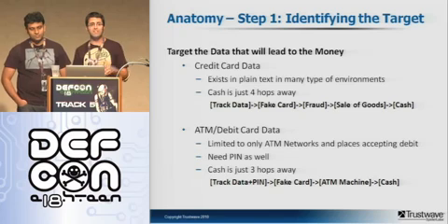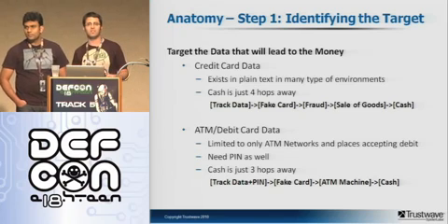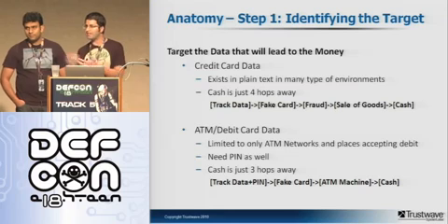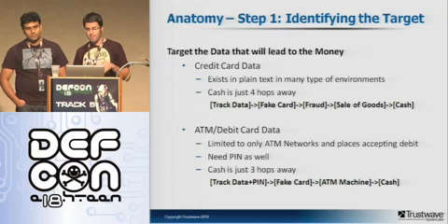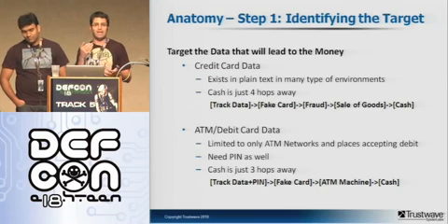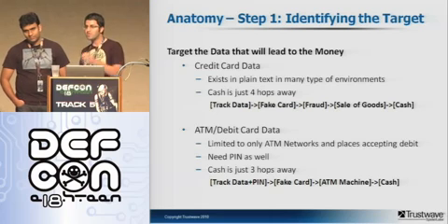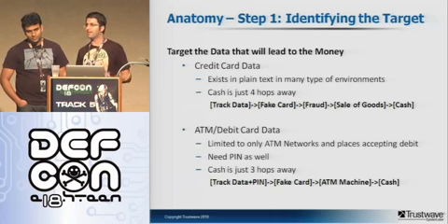In the ATM and debit card world, the data looks very, very similar. There are PINs associated with ATM cards, but the data itself is basically identical. But the cash is much closer to the criminals. They get a hold of ATM card numbers and PIN numbers, and they can go to a machine and take out the cash. They don't have to find a buyer for that.